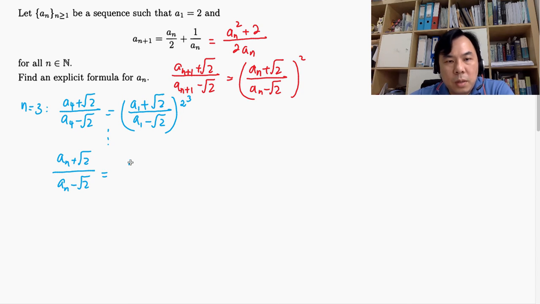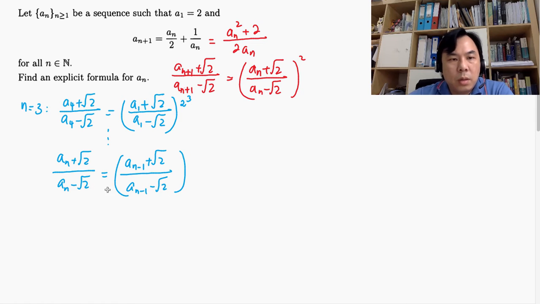that must be the same as an minus 1. Yeah, an, this one must be an minus 1, an minus 1 minus this. Okay, this is when the n is actually equal to n minus 1. So I just write it down here. So it is n minus 1 here.